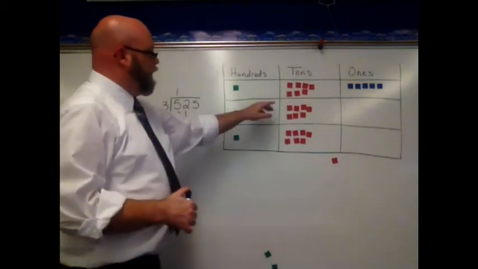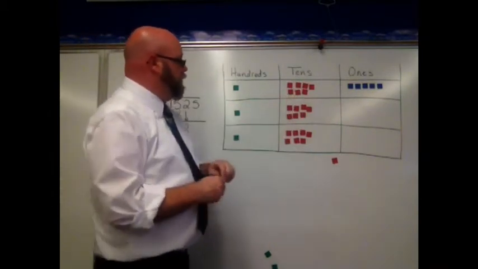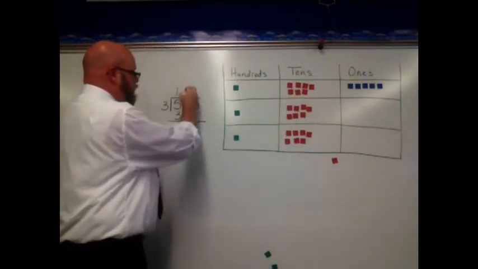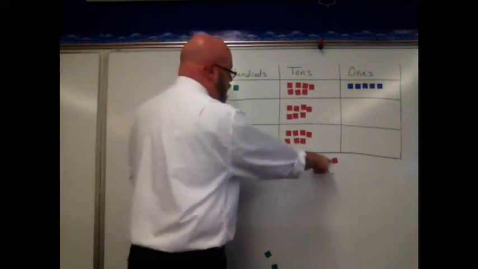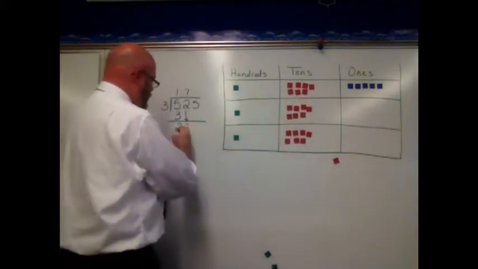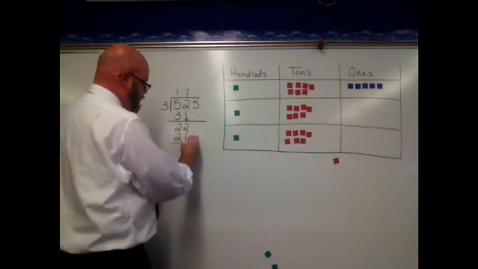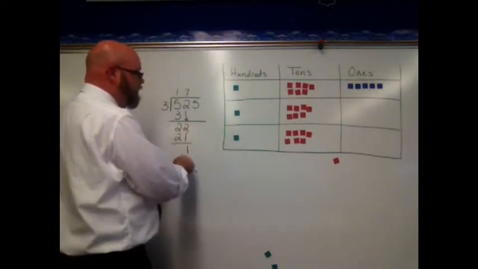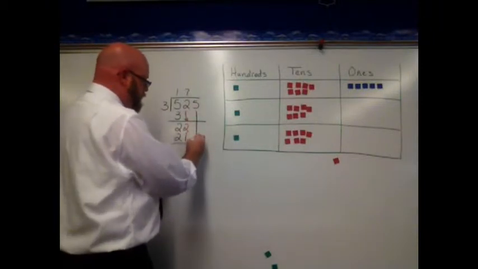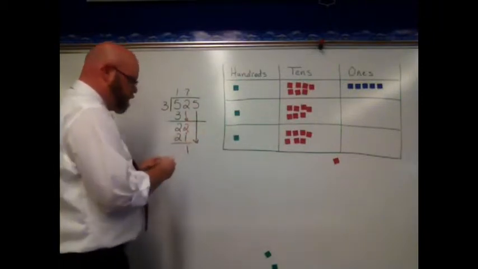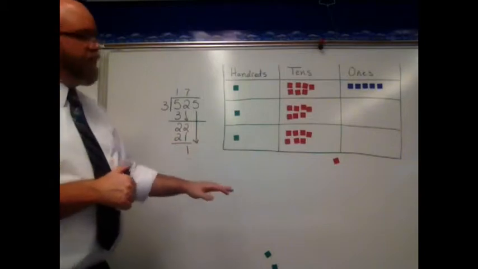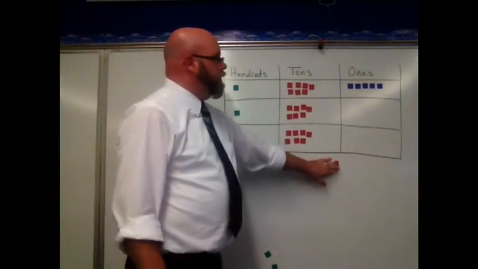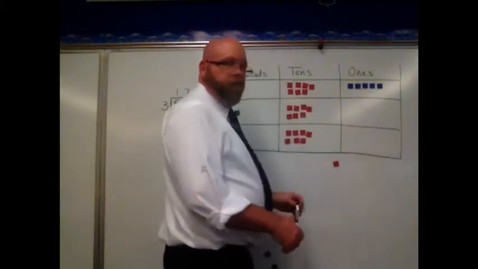Well, I have 7 in each group, 1 left over, which gives me 21 10s, 1 left over. So I'm now going to exchange this 10 for 1s over in this column.